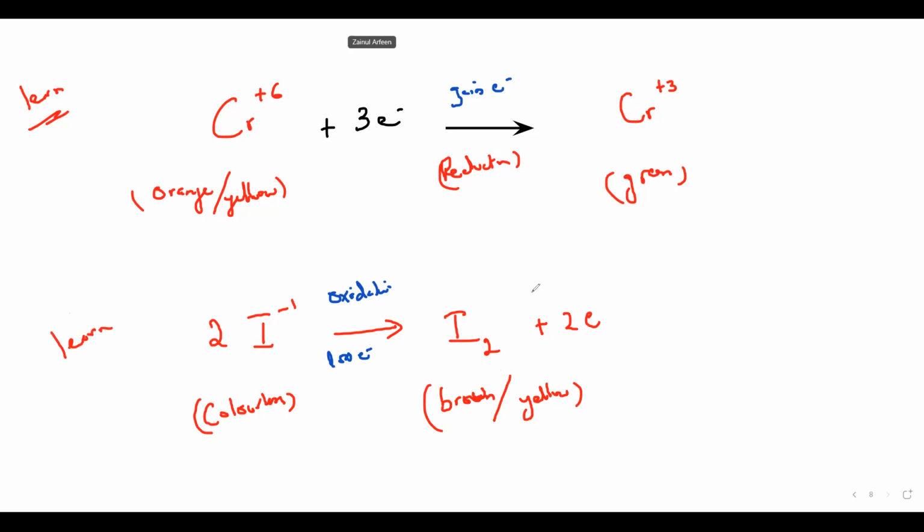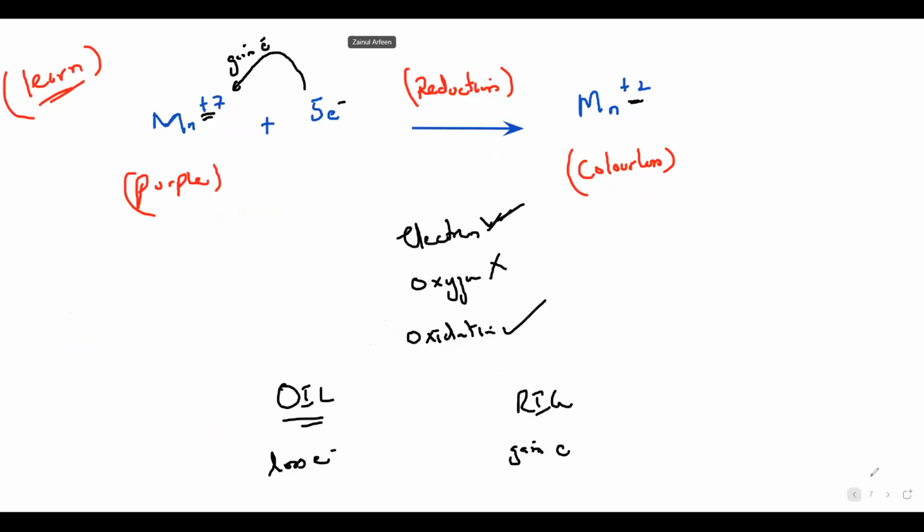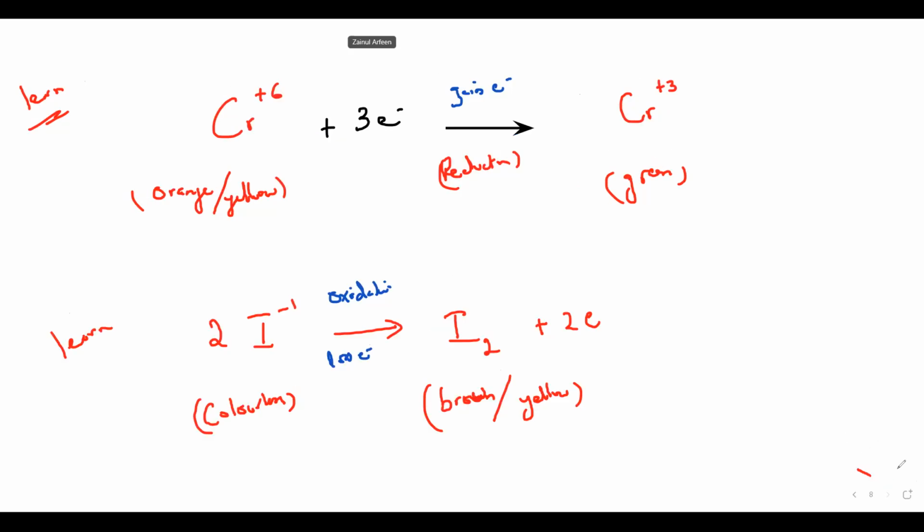One is manganese, which is purple and colorless. Another one is chromium, which is orange yellow to green. And the third one is iodine. When it changes the oxidation number, the color also changes. So it changes from colorless to brown or yellow. Brown if it's high concentration iodine, and yellow when it is low concentration iodine.